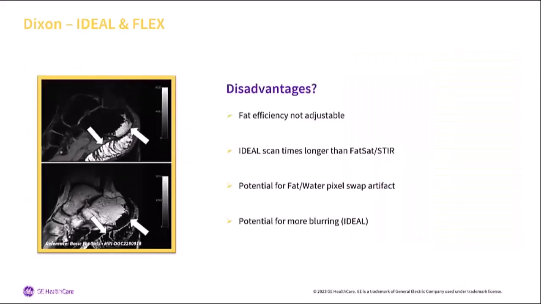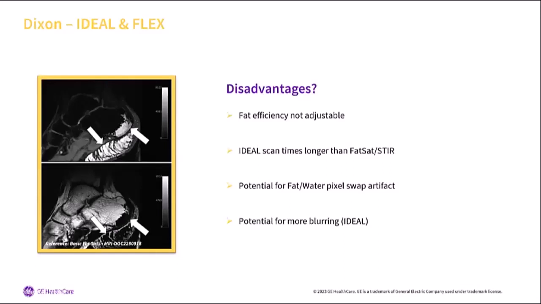And what are the disadvantages? We cannot control the fat efficiency, so it will always be displayed as is. It has longer scan times than FAT or FATSAT or STIR. It has the potential for fat water pixel swap artifact. So when that happens, it will completely invert: the fat suppression will be water and the water will be fat.